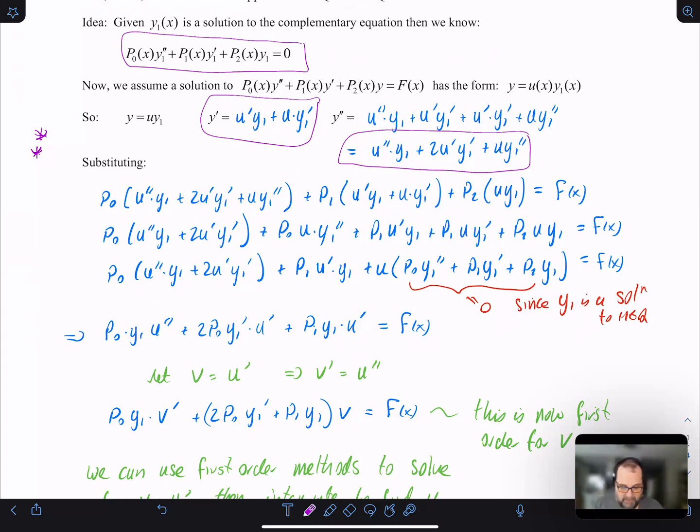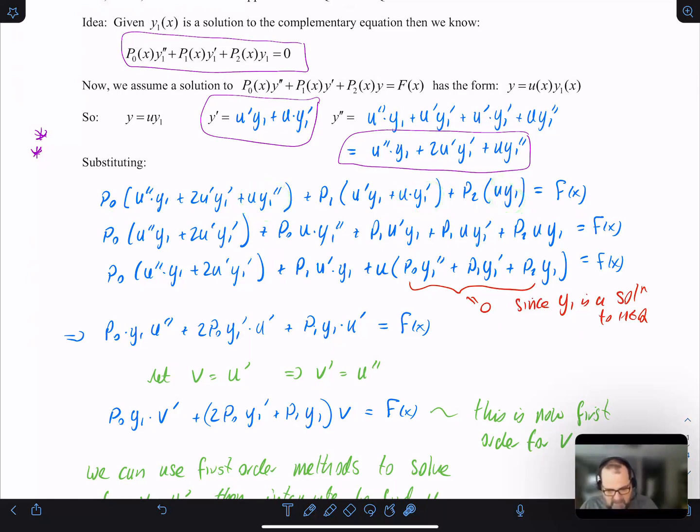We need to rearrange this a little bit. Effectively, again, this takes a little bit of seeing, but once you've seen the trick, we'll notice that if I separate out this times this, and then P1 times this, and P2 times this. So again, notice I'm focusing on the Y1 double prime, the Y1 prime, and the Y terms.